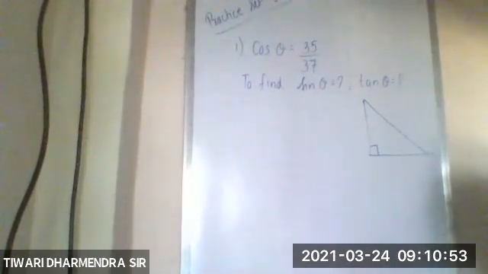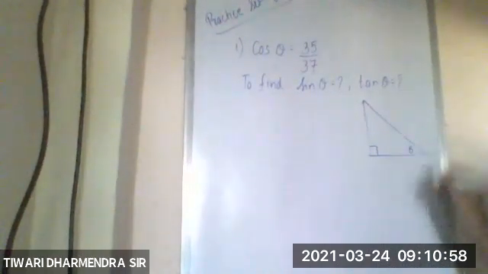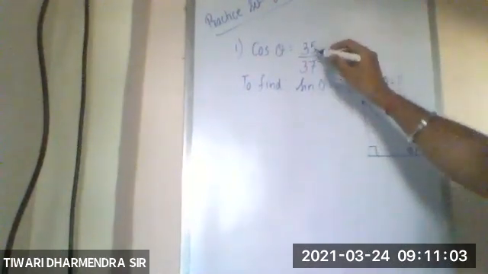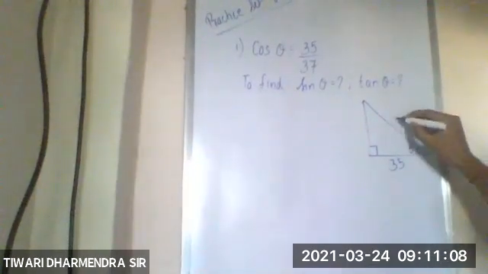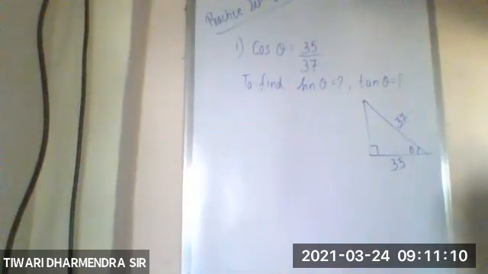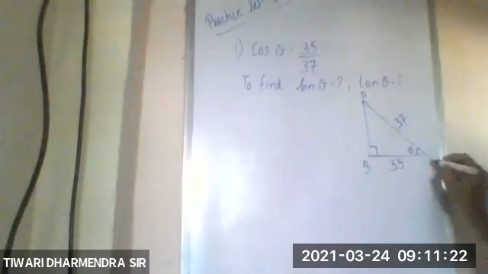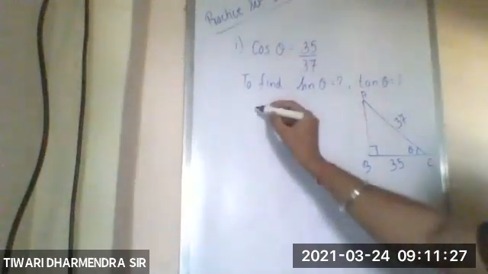Make a right angle triangle in which, according to cos theta, this is angle theta, adjacent upon hypotenuse. So adjacent is 35, hypotenuse is 37. According to Pythagoras theorem, we need to find the other side. Say this is A, B, C. We need to find the value of AB.